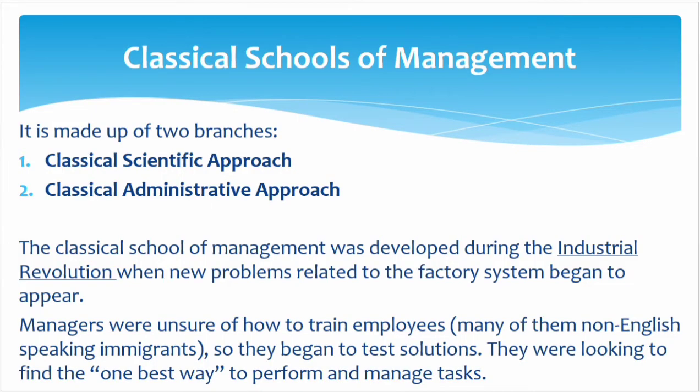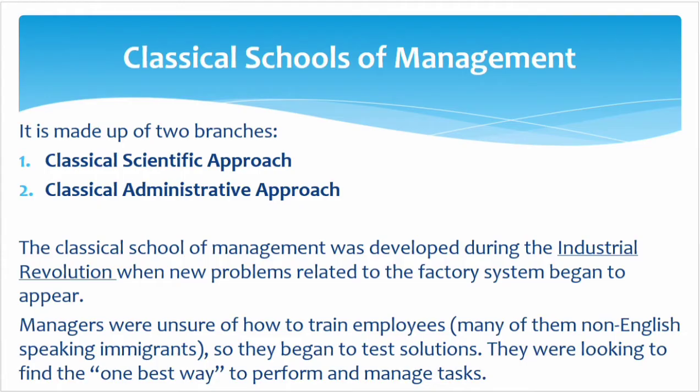The classical school is divided also into 2. We have the scientific approach under classical, and the administrative approach also under classical. This classical school of management came about during the Industrial Revolution, when factories started coming into being.